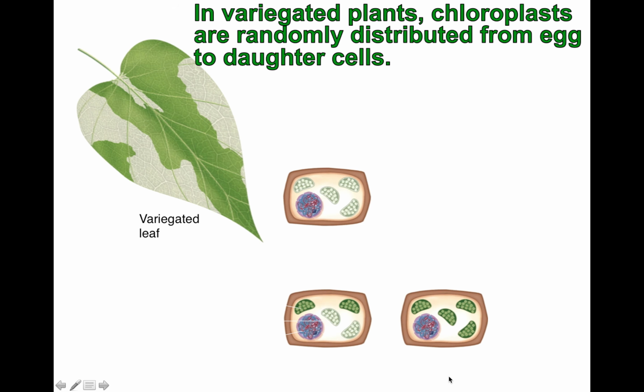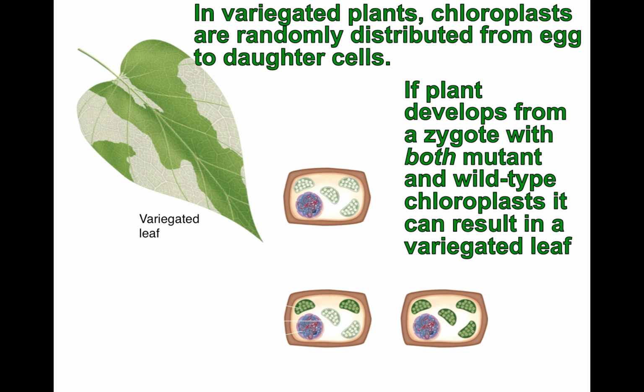Let's take a closer look. In variegated plants, chloroplasts are randomly distributed from the egg to the daughter cells. So if you have an egg that has good chloroplasts and white chloroplasts, and you inherit only white chloroplasts, then you will be white. All of your descendants will also be white.